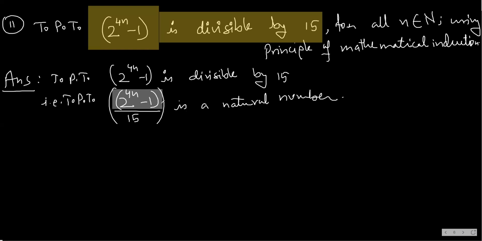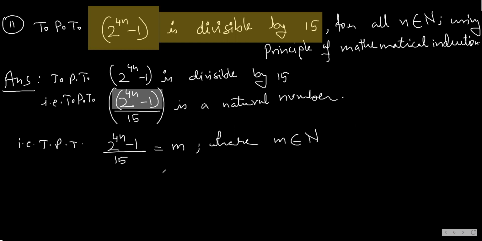If it is divisible, then every single time I divide this by 15, I should get a natural number. So the next step I write, that is to prove that 2 raised to 4n minus 1 upon 15 equals m, where m belongs to the set of natural numbers.